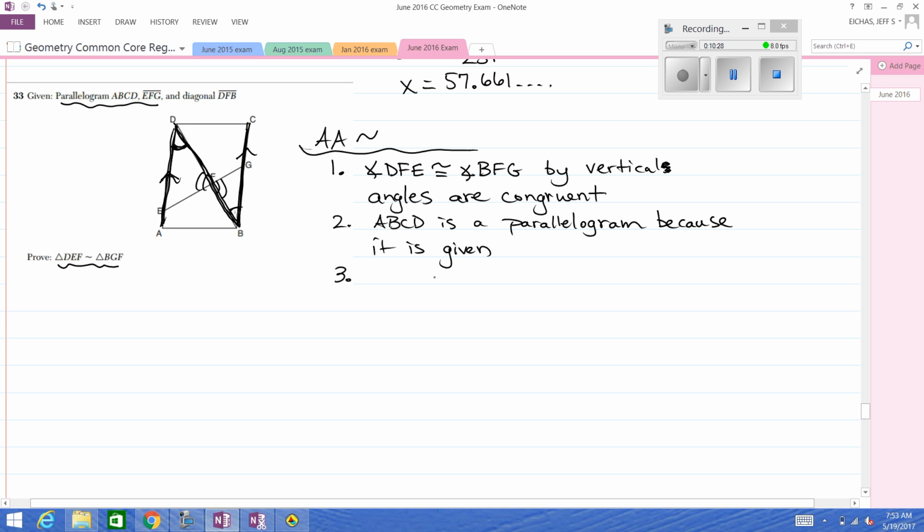And then the conclusion from that is, we'll say AD is parallel to CB. And that's because opposite sides of a parallelogram are parallel.